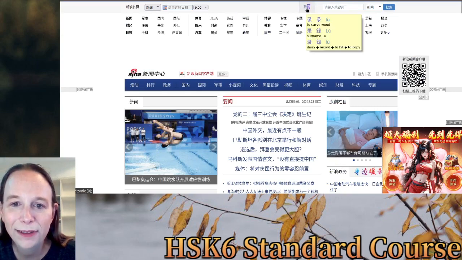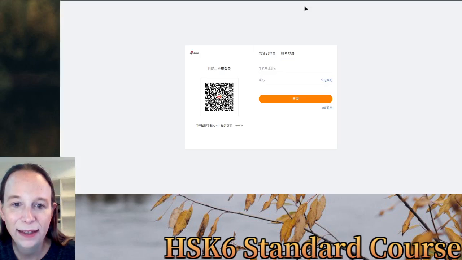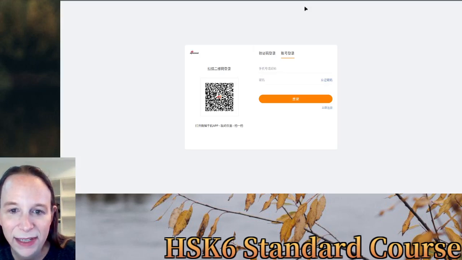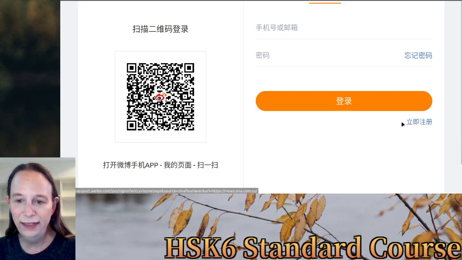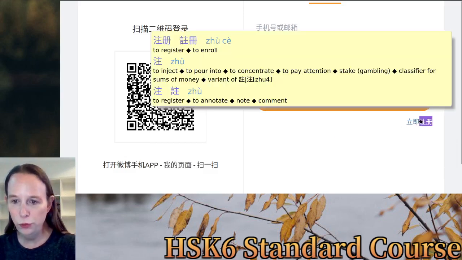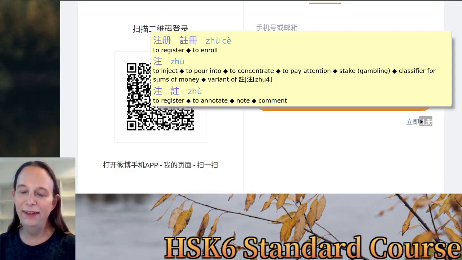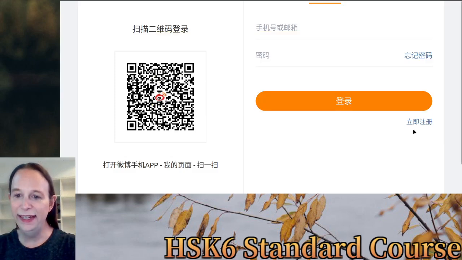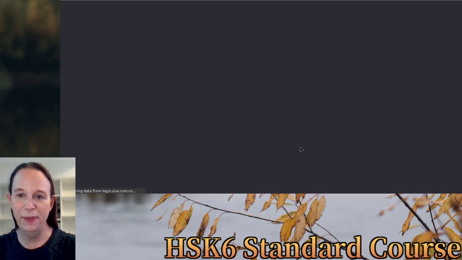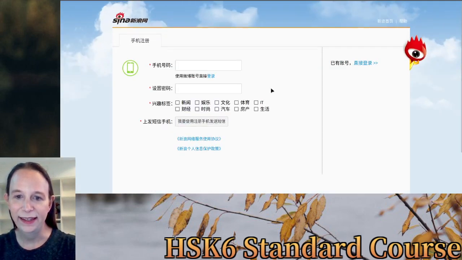Oh, there's 登录. What if I click 登录? Don't give away my private information, please. Oh, there it is. 立即注册. 立即 meaning immediately. 注册, register. So I don't have an account for this page, but you can immediately get one.